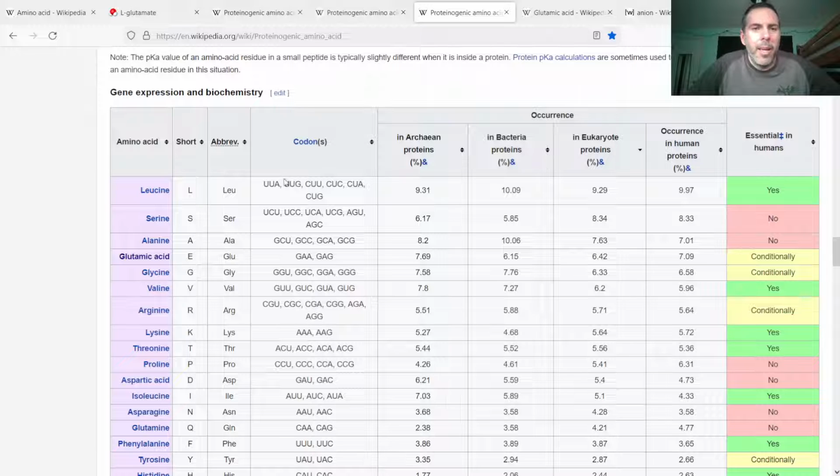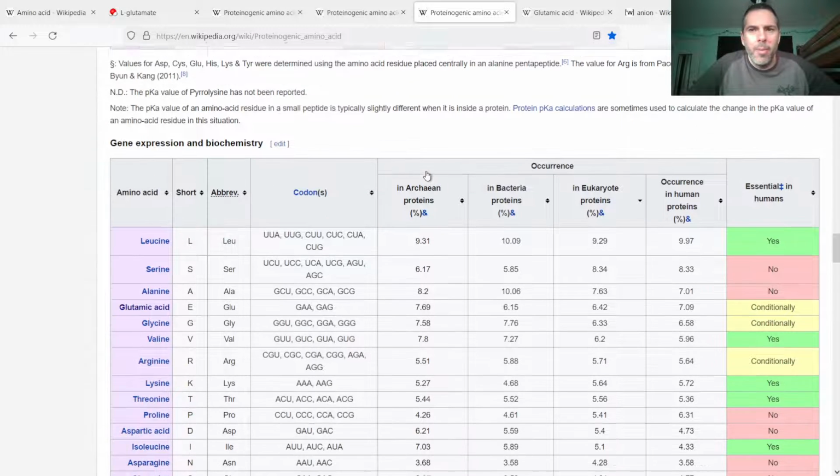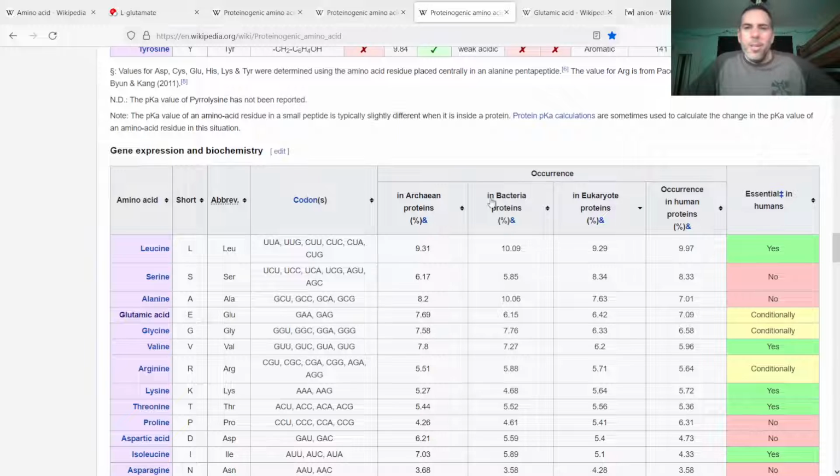Still on the same page, just a different table. We were looking at the amino acids sorted by abundance. On this page, you can actually sort by abundance in eukaryotes. And I was claiming before that they were the same, but they're not. The first most abundant amino acid is leucine, but the second is serine. So we cover them in a slightly different order. Glutamic acid would be 4th on the list, whereas we're covering it 6th.